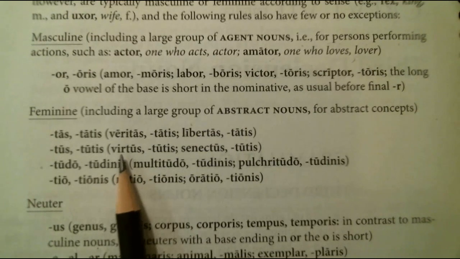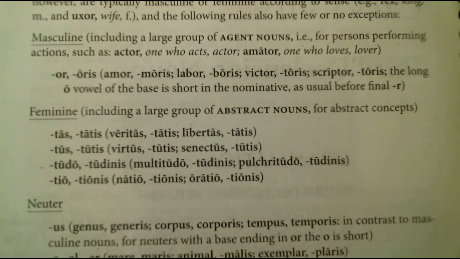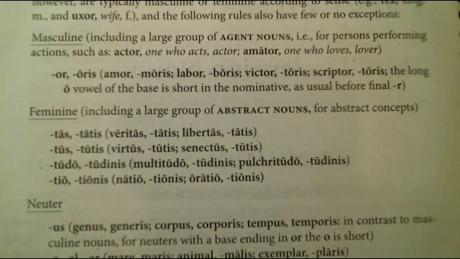So we have vir, man, and then we have manliness, which here is feminine, right? Like we talked about, the king is masculine, which makes sense. Uxor, wife, is feminine, but vir would be masculine, but its diminutive manliness is going to be feminine.